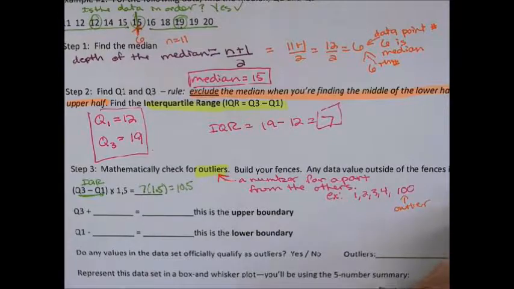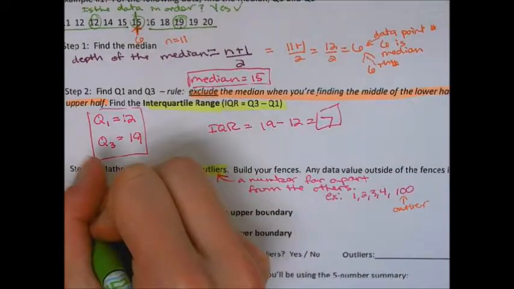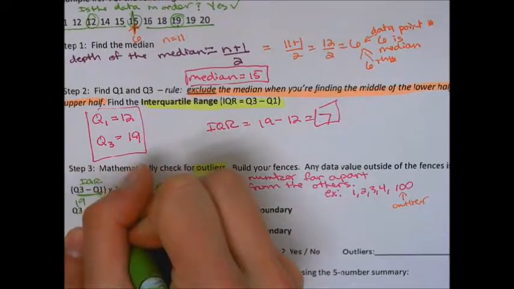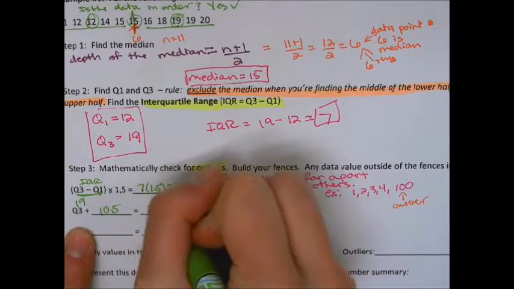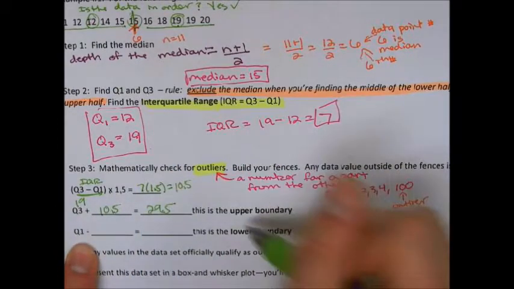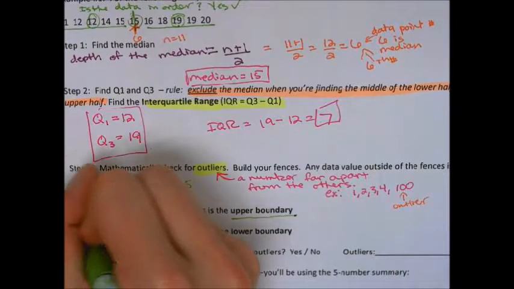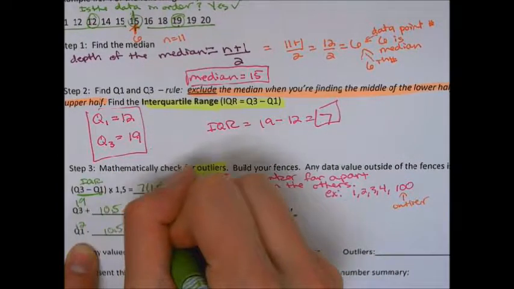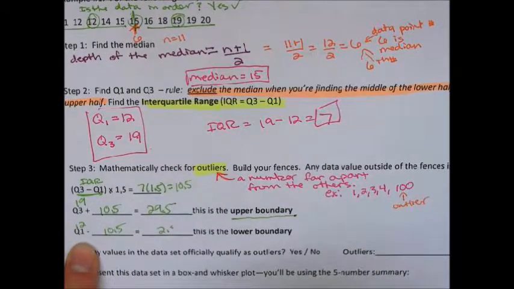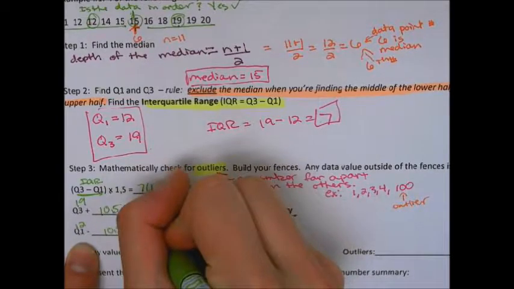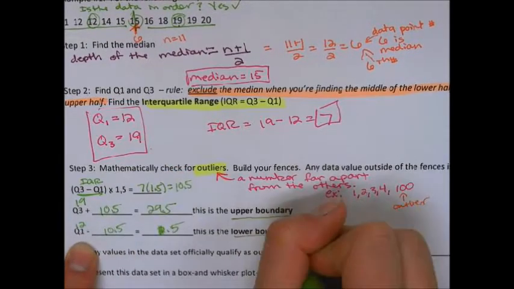And then we have our Q3, which is 19 plus 10.5 is 29.5, is the upper boundary. And then Q1 is 12 minus 10.5, which is 1.5, is the lower boundary.